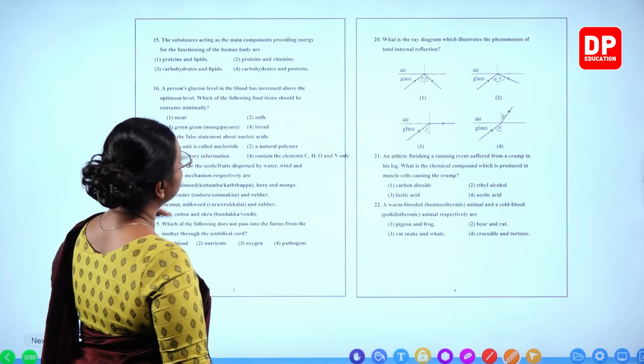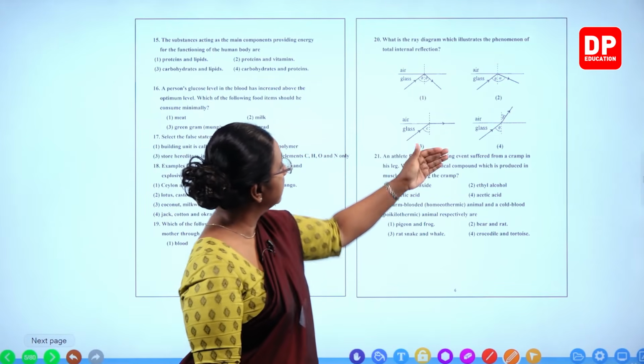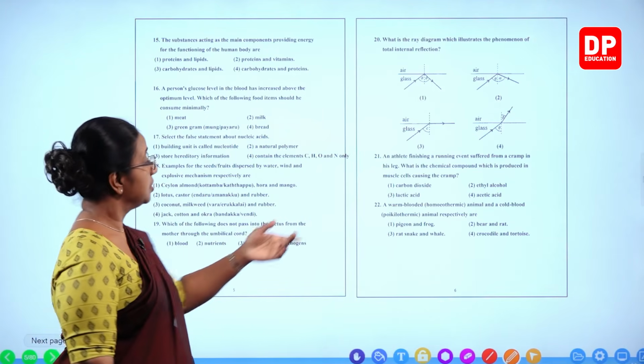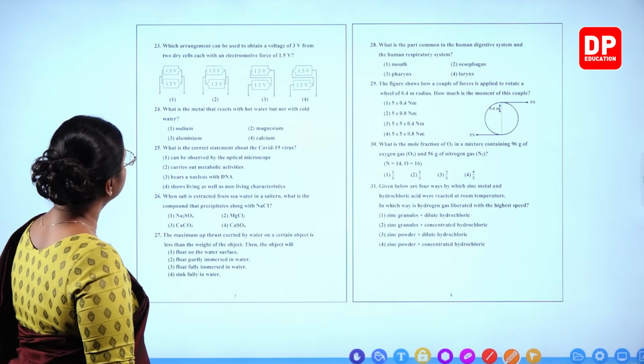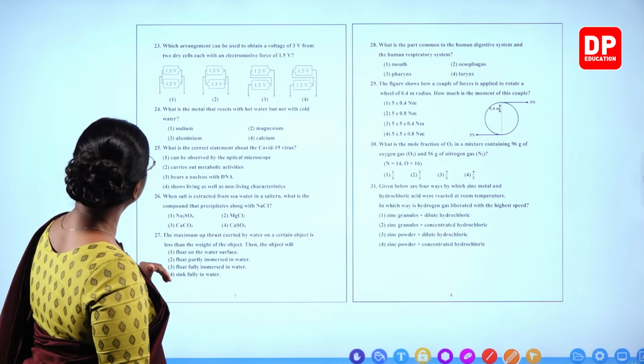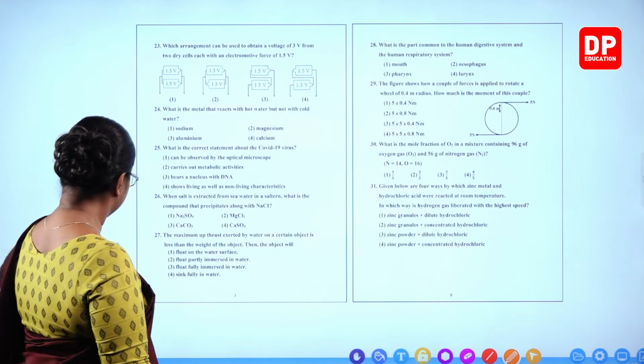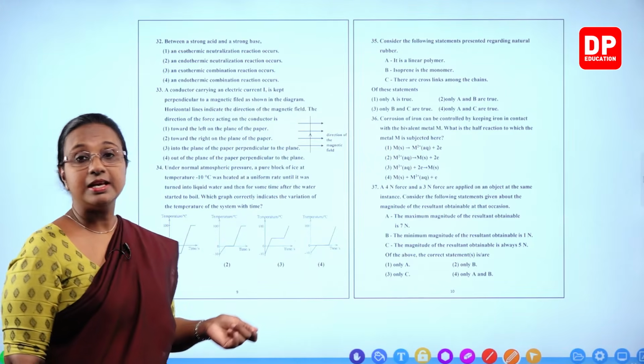Now, here also you have all the questions again here with a diagram. The diagram itself becomes the answer. So, like that, different formats of the question. Here also you can see from 23 to 31, there are so many different types of questions from different lessons.